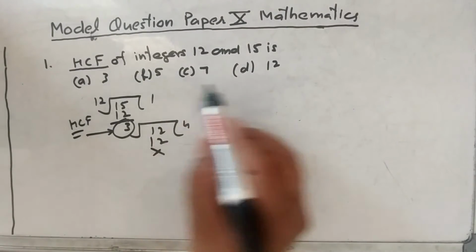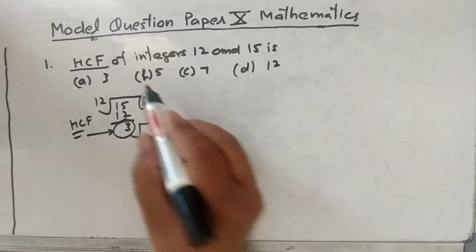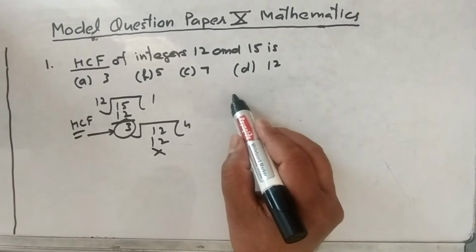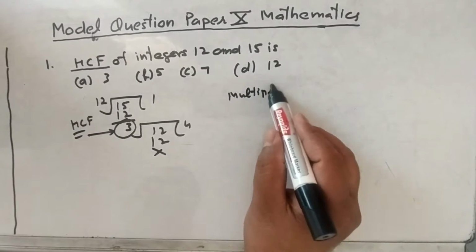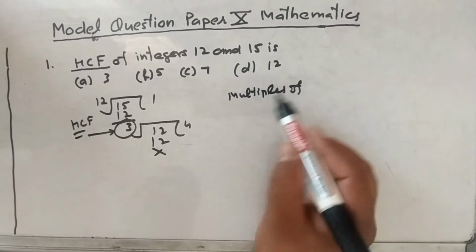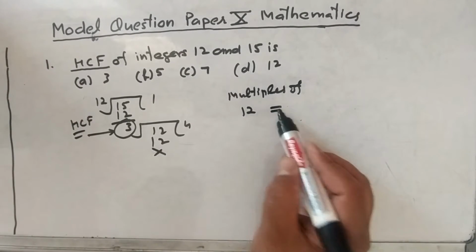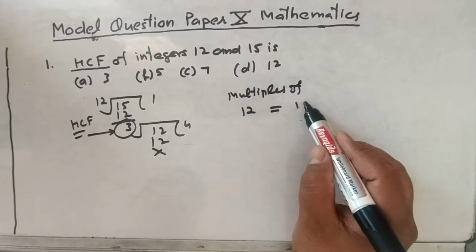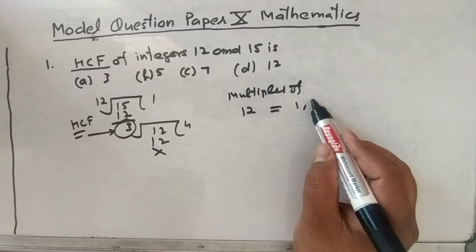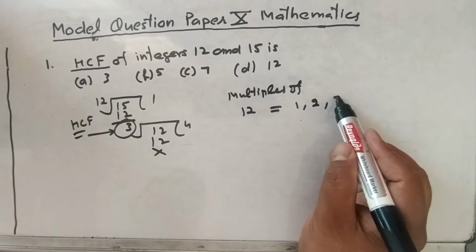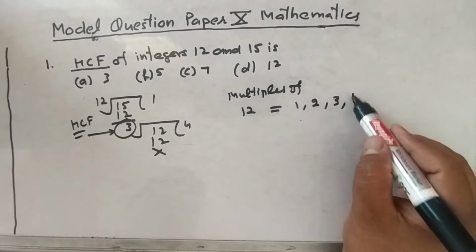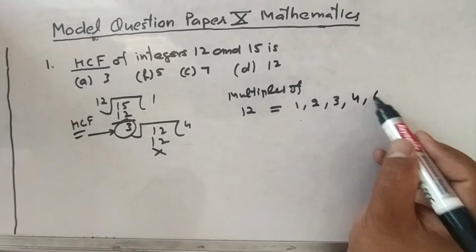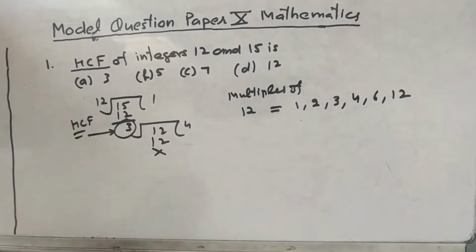Second way to find HCF is you can write all the multiples. I'm writing here, multiples of 12 are 1, 2, 3, 4 (3 fours are 12), 6 (6 twos are 12) and 12.